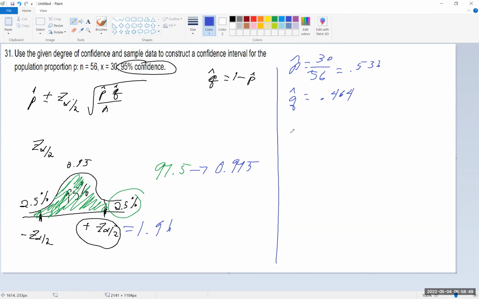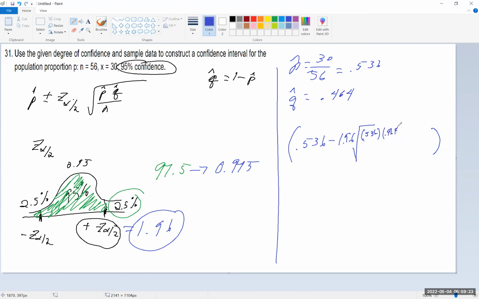And so the confidence interval is going to be 0.536 minus 1.96 times the square root of 0.536 times 0.464.